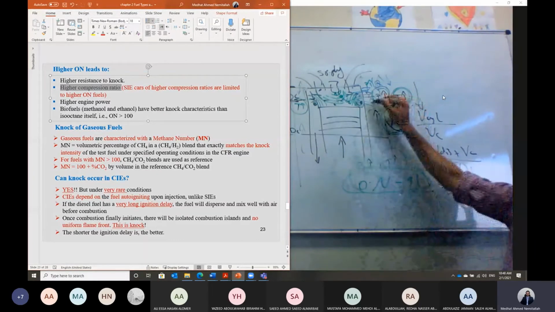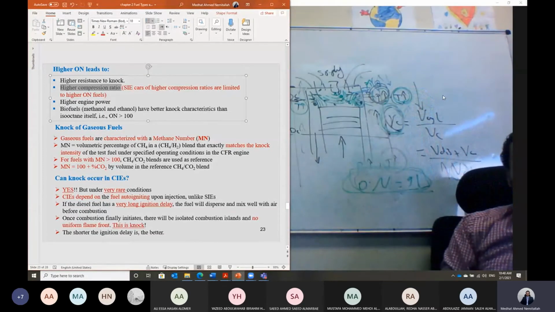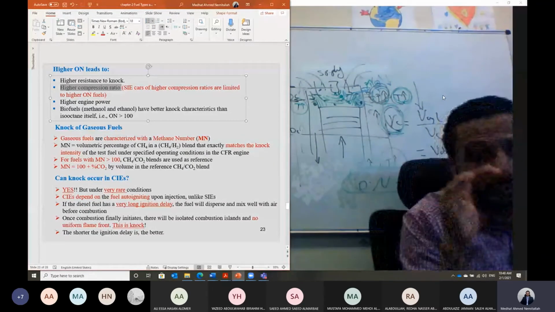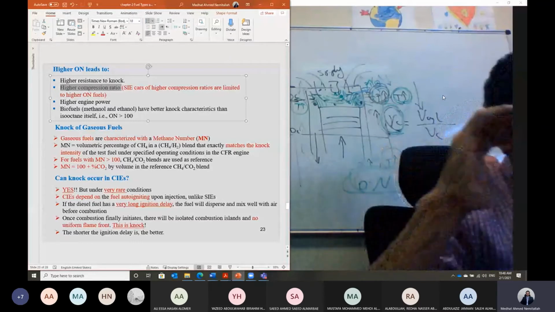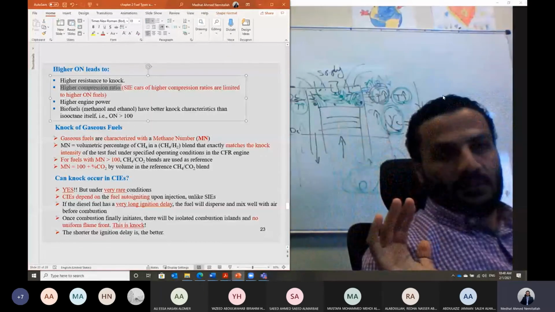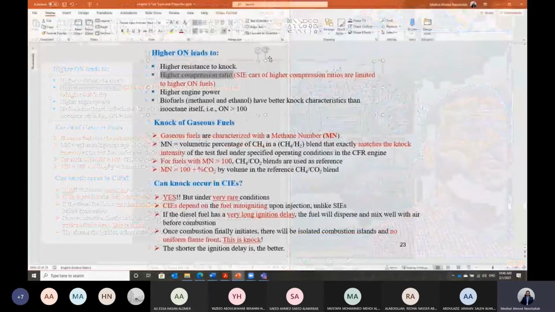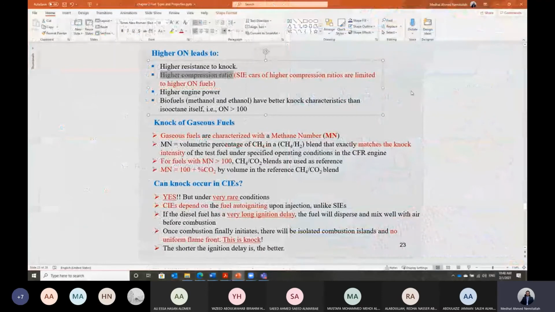But usually this high pressure is limited by the self-ignition of the fuel. The car manufacturers try to design the car for the highest possible compression ratio. That's why they will tell you this car is designed for a fuel of octane number not lower than a given value. When you go to buy a car, you will find it is preferred to work with a fuel octane number, let's say 91.